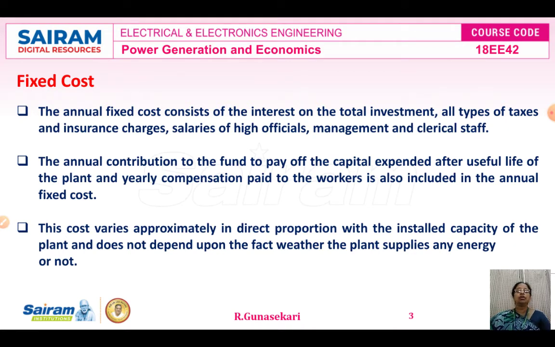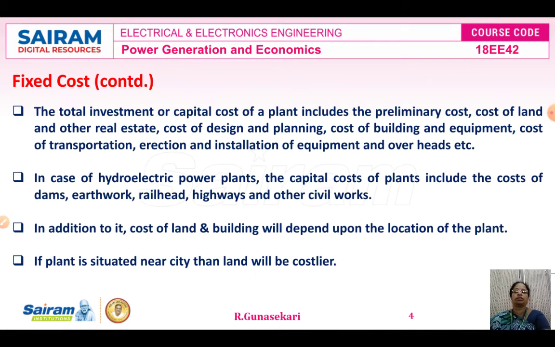The annual contribution to the fund to pay off the capital expended after the useful life of the plant, and the yearly compensation paid to the workers, is also included in the annual fixed cost. The annual fixed cost varies approximately in direct proportion to the installed capacity of the power plant, and it does not depend upon whether the power plant supplies any energy or not.